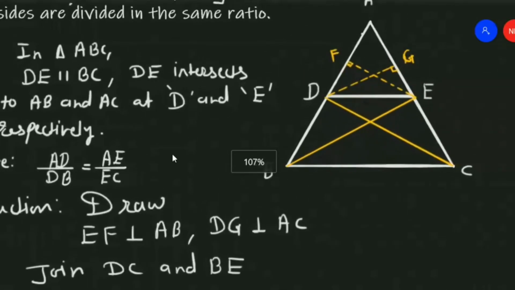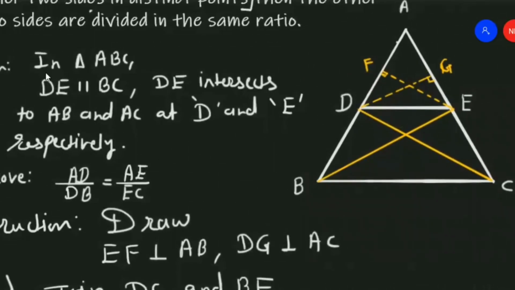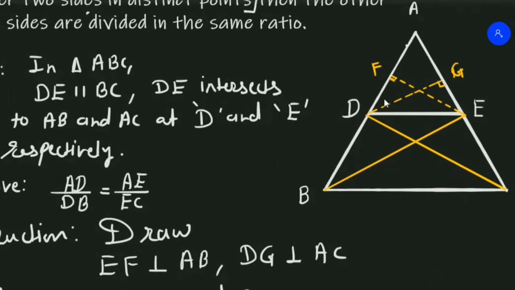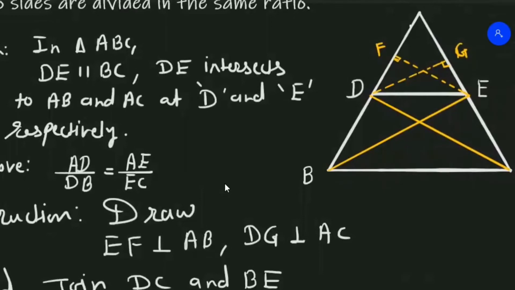So here I have explained what is the given part, what is to prove, and what is the construction. Let's have a look at the given part again. In triangle ABC, DE is parallel to BC, and DE intersects AB and AC at point D and point E respectively. We need to prove AD upon DB equals AE upon EC. For this, we have done the construction.